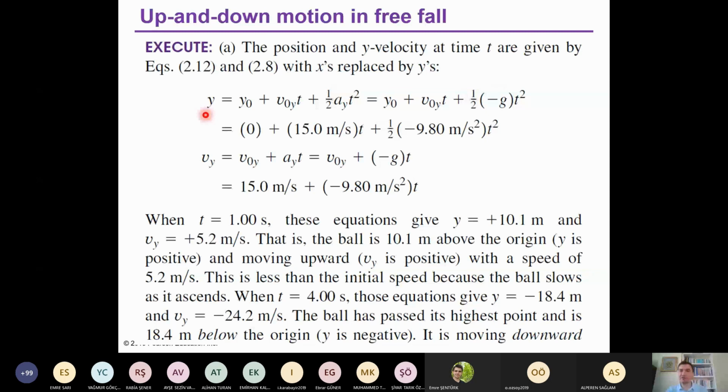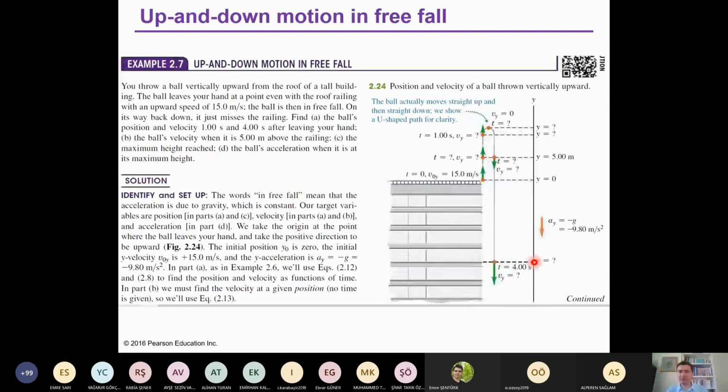Why minus g? Because we have chosen the positive y direction upward, and since gravity is along the negative y direction, we have to use minus g, because gravity is an acceleration and it is a vector. It has direction, okay? So in order to show the negative y direction, we have to put a minus in front of g.